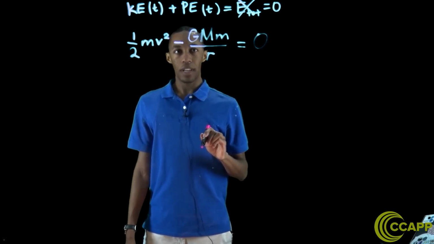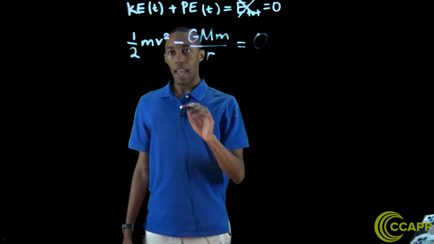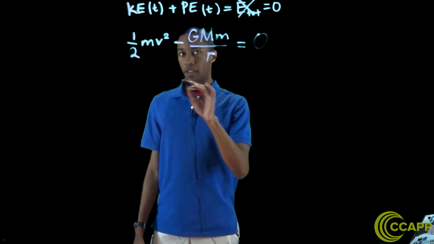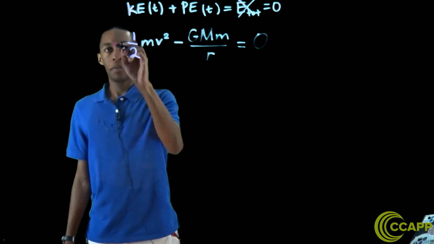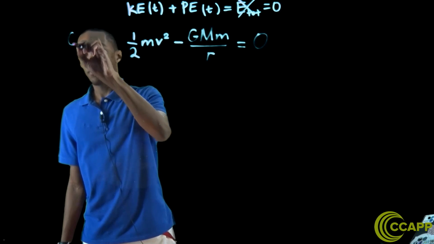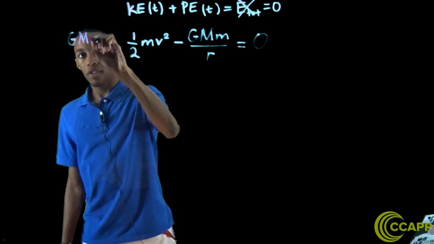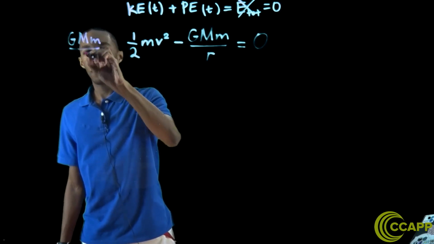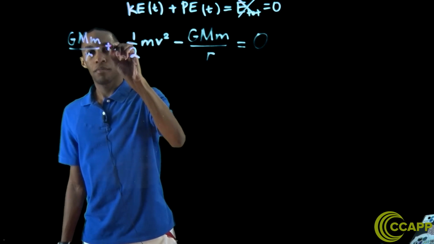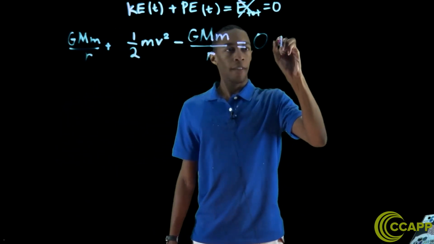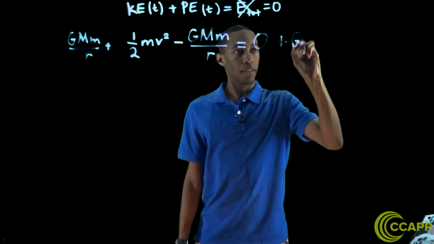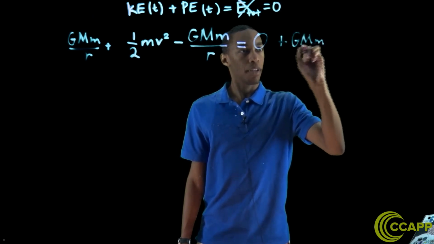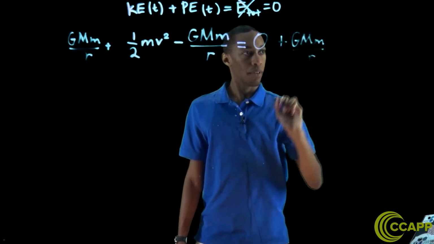So the first thing I'm going to do is add GMm over r to both sides of my equation.